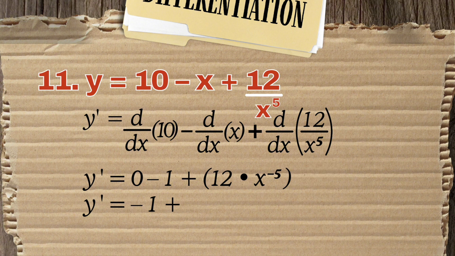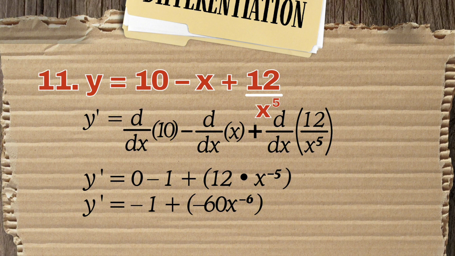So, negative 5 times 12, that is equal to negative 60. Then, x, and magbabawas tayo ng 1 sa exponent. So, negative 5 minus 1 is negative 6. Then, i-distribute natin yung operation, yung positive sign sa loob.